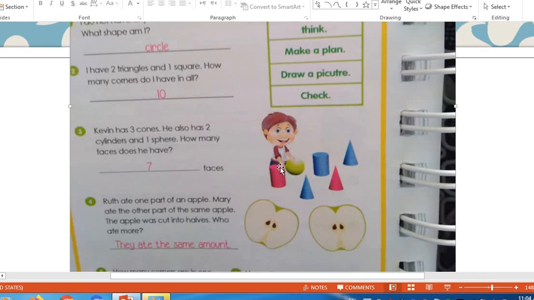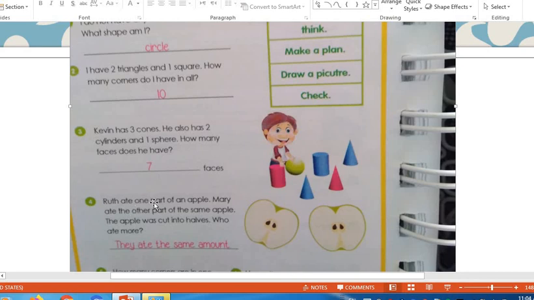So I have here 1, 2, 3, 4, 5, 6, and 7. Does the sphere have any face? No. The cylinder has 2 faces and the cone just 1 face that it can't sit on. So 7 faces Kevin had.